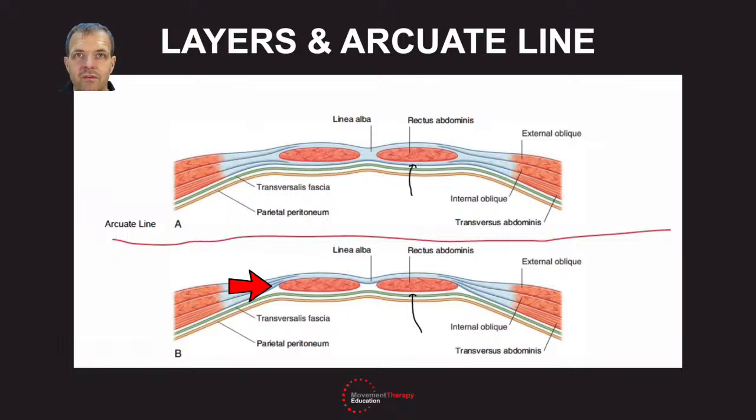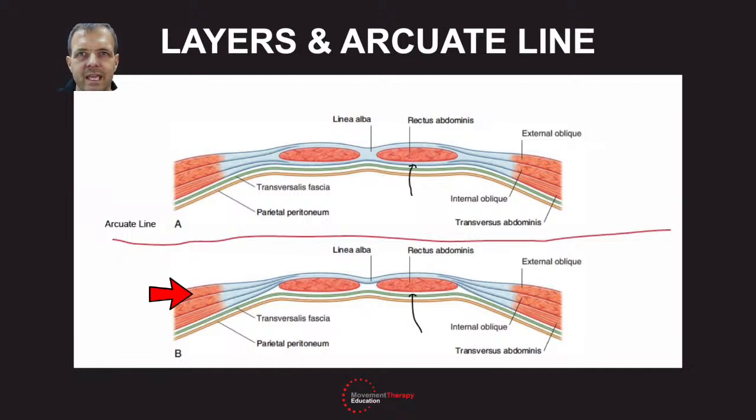This is what it looks like in that lower portion of the abdomen. Instead of wrapping around and going around the back of the rectus abdominis, they all go over the front. It's continuous all the way down, it just shifts: the connective tissue shifts to the front of your six-pack muscles rather than surrounding them.